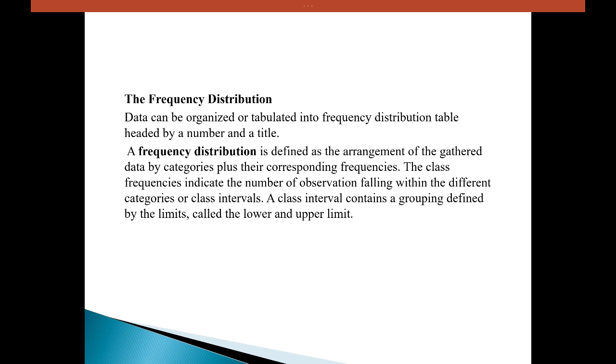These frequencies indicate the number of data, or the number of observations, falling into each category. A class interval contains groupings, defined by limits called the lower and upper limit.